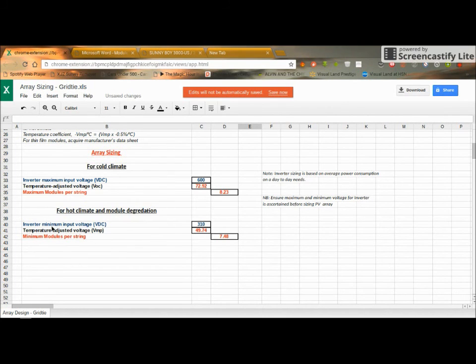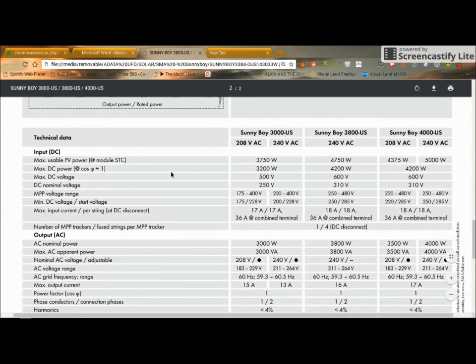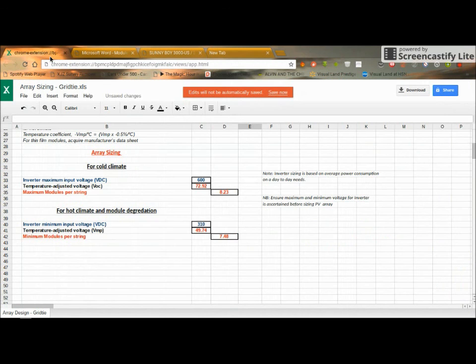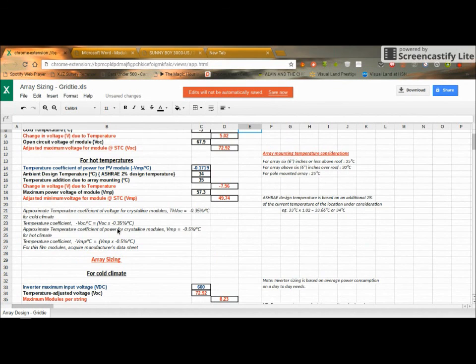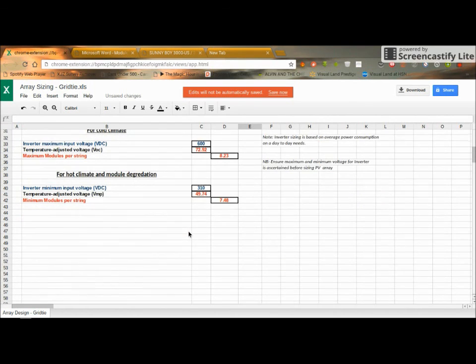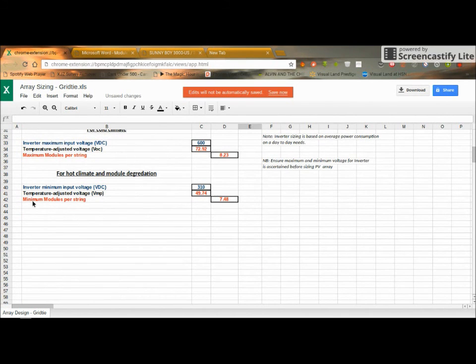So inverter minimum input voltage, as we remember from our Sunny Boy, 310, DC nominal voltage, 310. Our temperature adjusted voltage from here, 49.74. That would give us now a minimum module per string of 7.48.